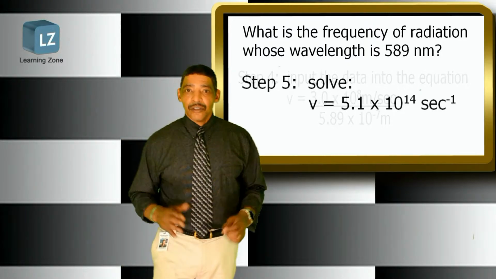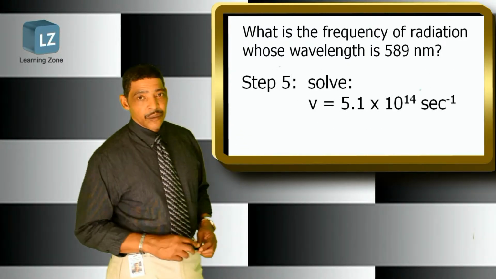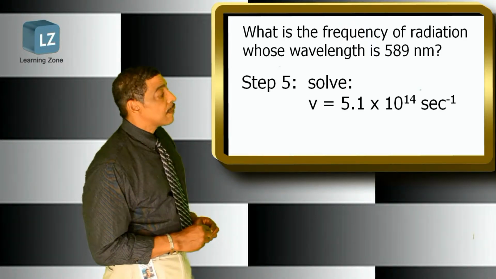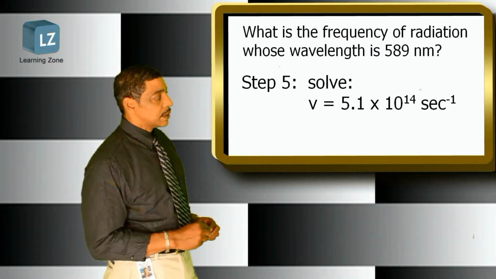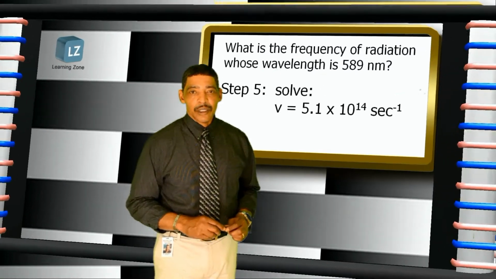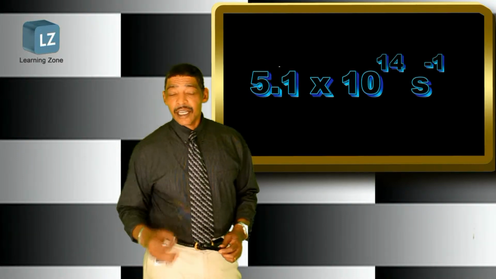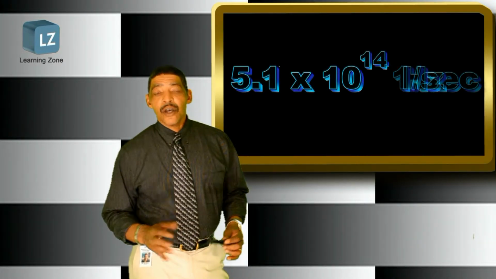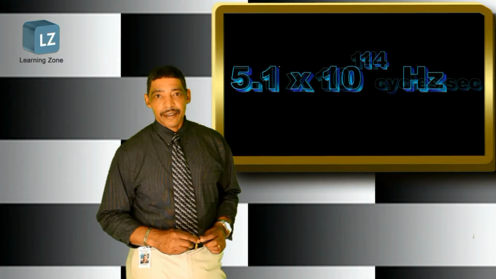And of course, solving the equation generates the following result, where frequency is equal to 5.1 times 10 to the 14 second minus 1. The units of frequency may be written as second minus 1, reciprocal seconds, hertz, or cycles per second.